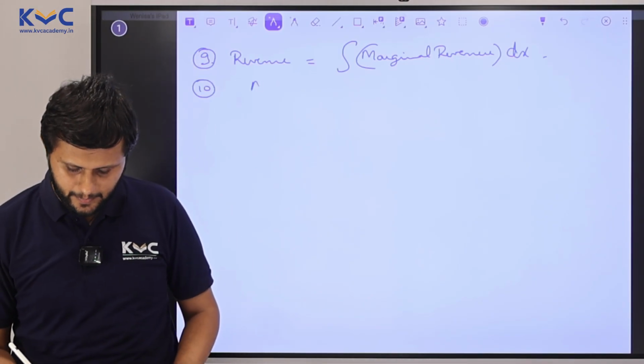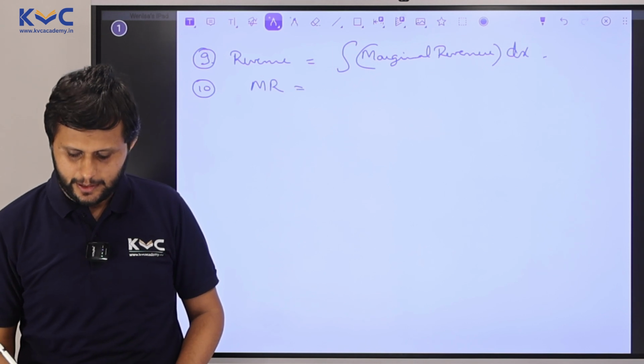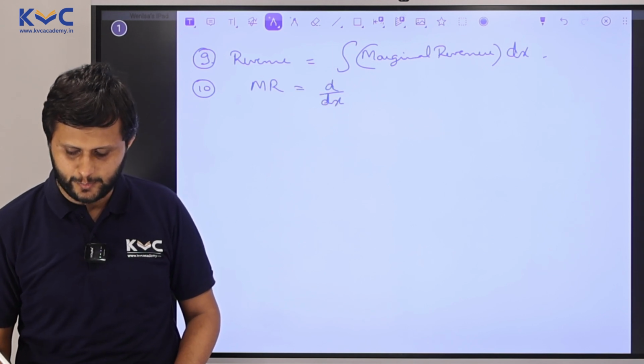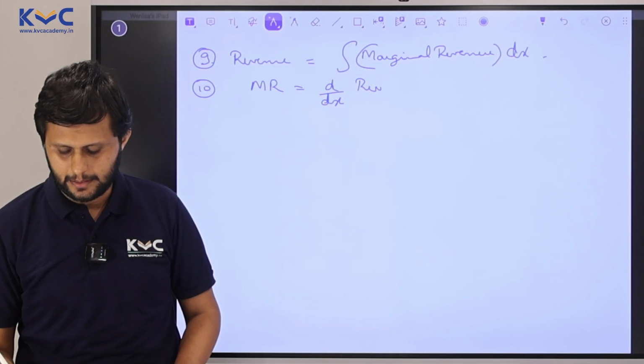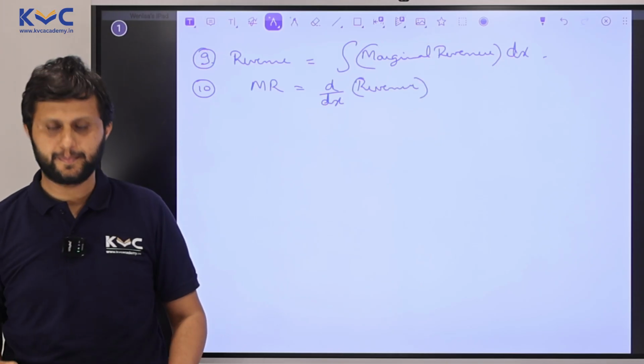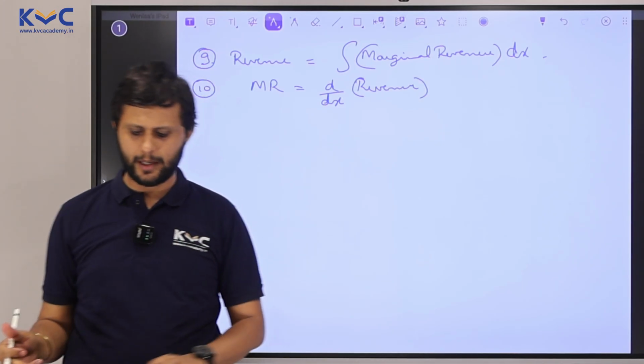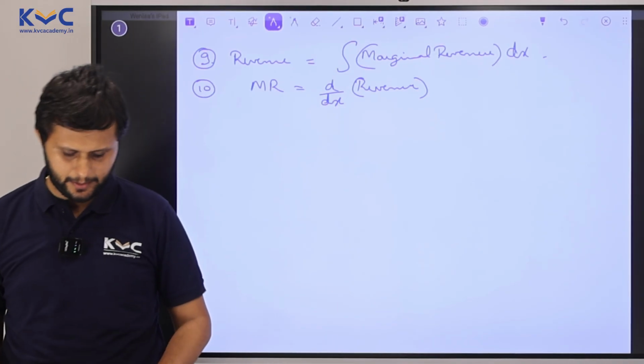Number 10, we have marginal revenue is equal to d by dx of the revenue function. So either way, I can give both or I can ignore it as well.